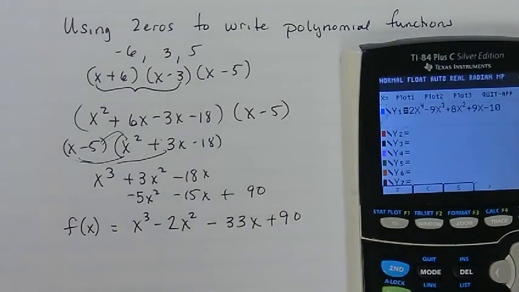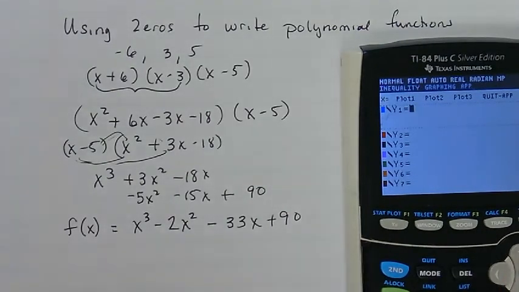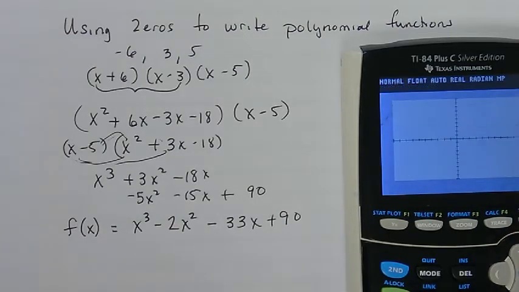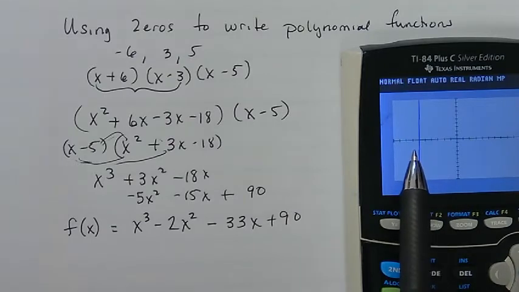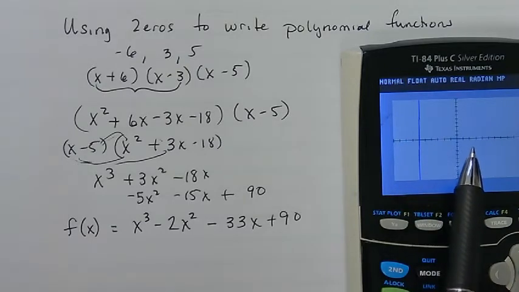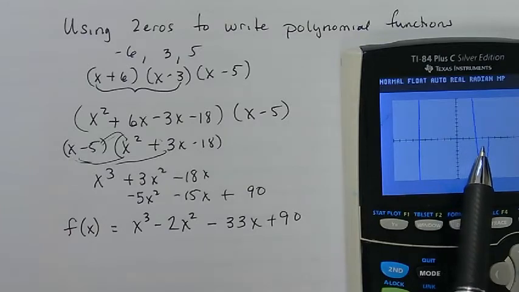So there's going to be lots of good ways to check your answers here. If I put that function in, x cubed minus 2x squared minus 33x plus 90, it should cross at those 3 places. It should cross at negative 6, should cross over here at 3, and it should cross at 5.